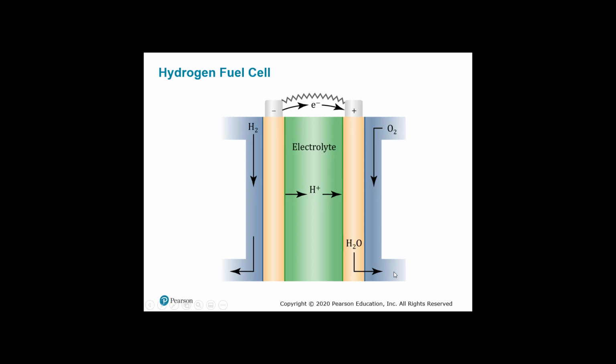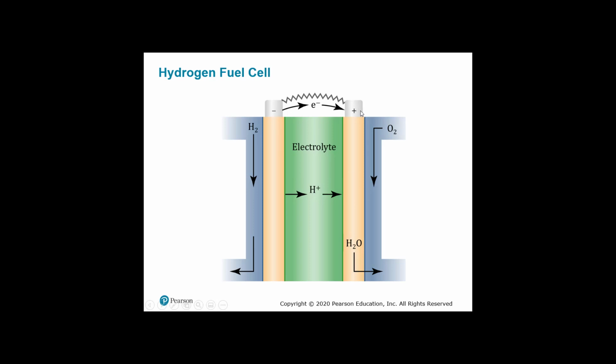So the water leaves. In order for this to go, we have to have a supply of reactants and a place to allow the products to go. The hydrogen gas is oxidized as it passes over the catalytic surface in this case. When it comes into contact with this, oxygen gas is reduced. You see how it goes across the electrolyte.